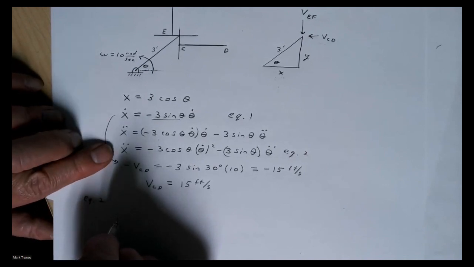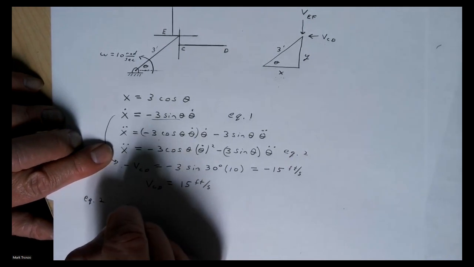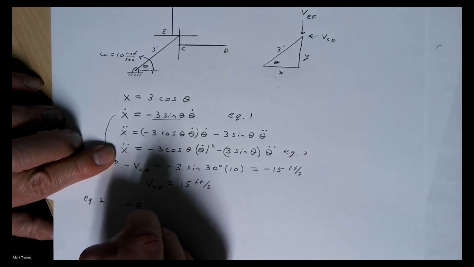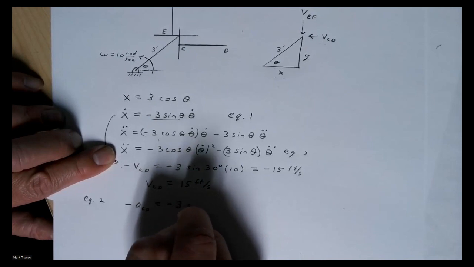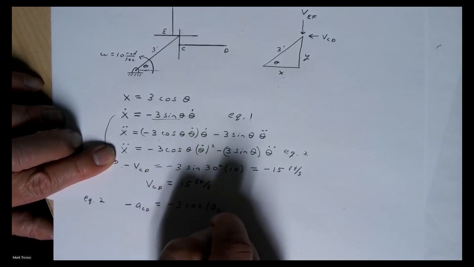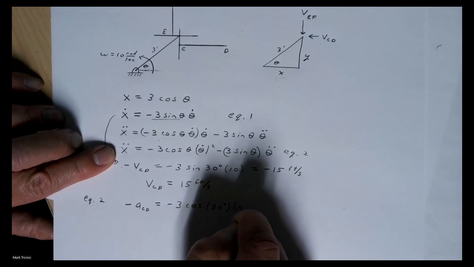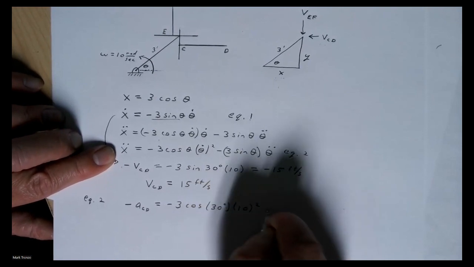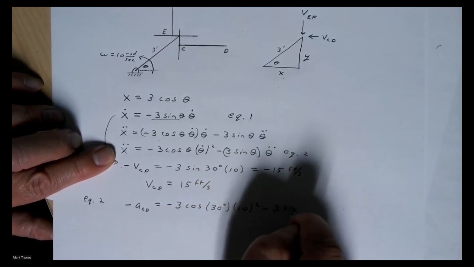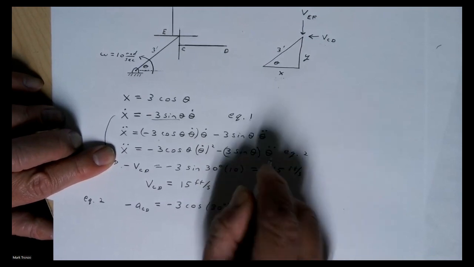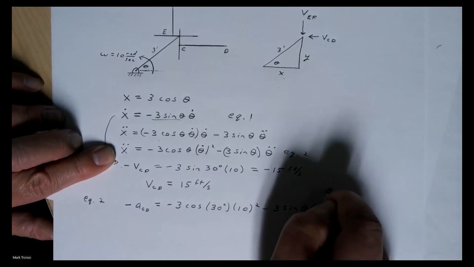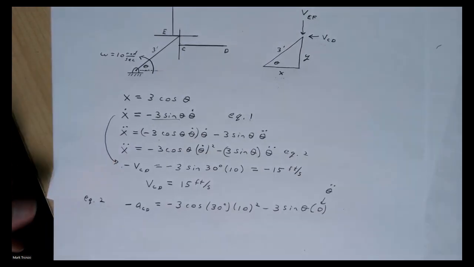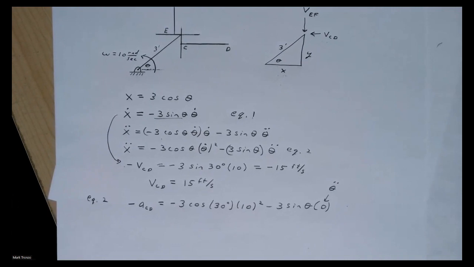So once again, over here, we can replace, using equation 2, on the left-hand side, the acceleration ACD, negative 3 cos 30 degrees, 10 squared, minus 3 sine theta. Now, theta double dot is 0. Remember, we have constant angular velocity, so it's just going to be 0.